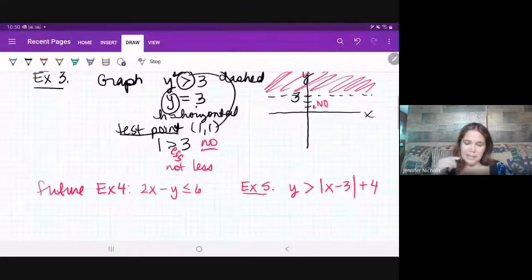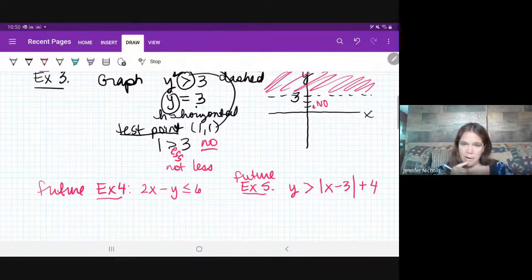What shape is example 4? If you changed it to an equal sign in your brain, what shape is that one?